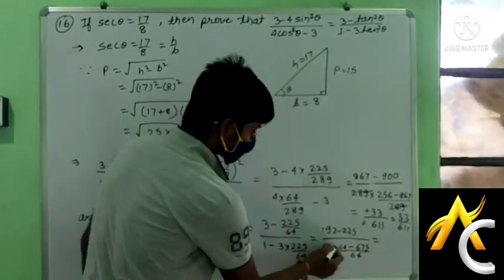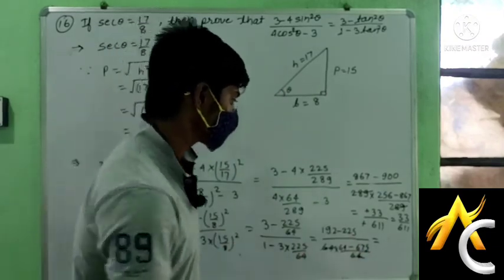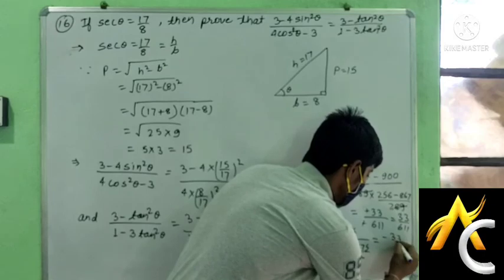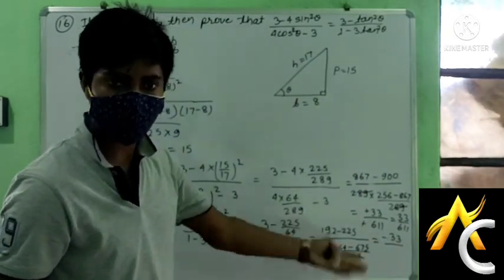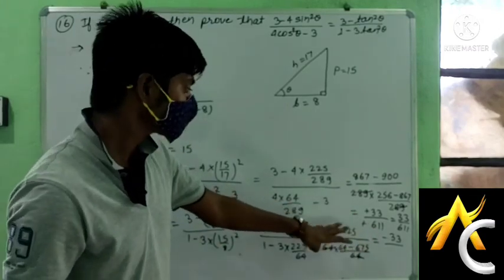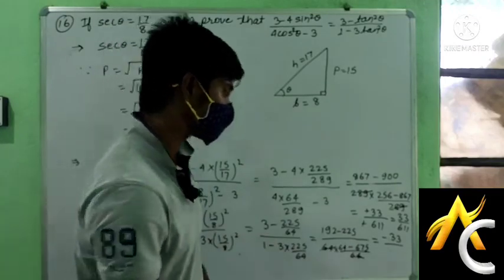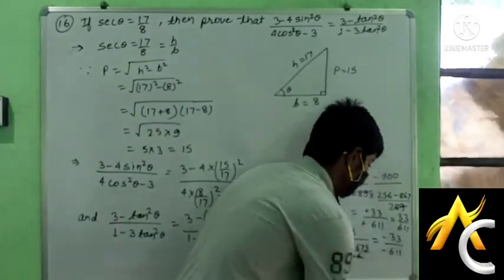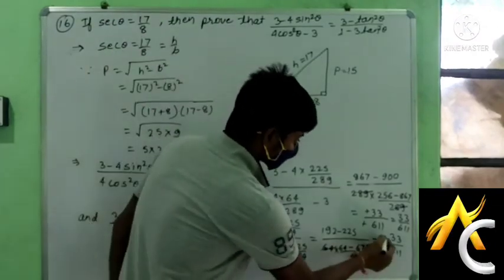Equal to 64 cancel 64. 192 minus 225 will be equal to minus 33, because 25 and here it is 8, that will be 33, and since 225 is greater, the sign will be negative. And 64 minus 675 is equal to minus 611. 75 minus 64 is 11, right? So minus cancels minus.